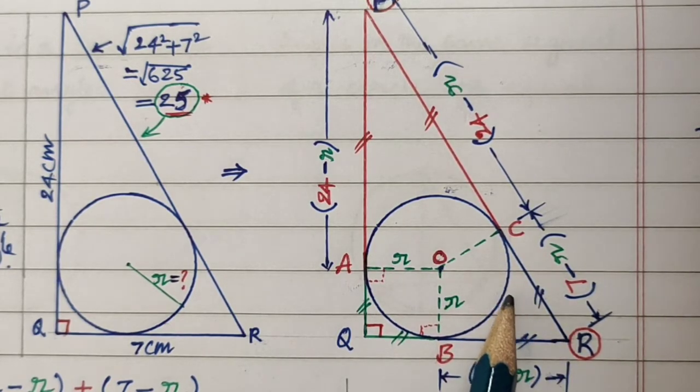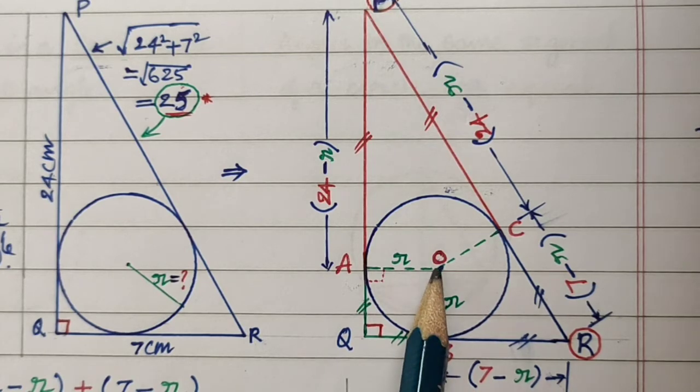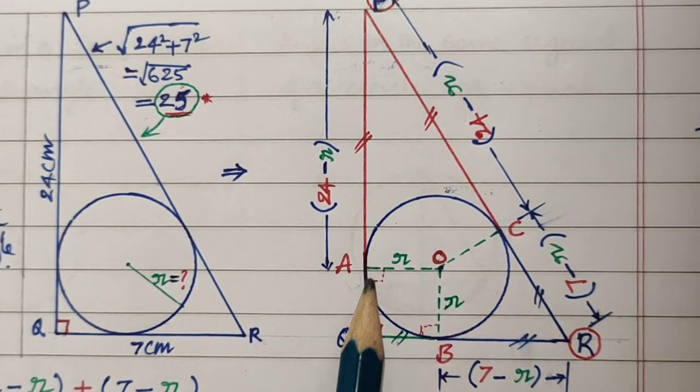We also know that the tangent drawn to the circle and the radius at that point are perpendicular. Therefore, this is 90 degrees, this is 90 degrees, and this they have given as 90 degrees.